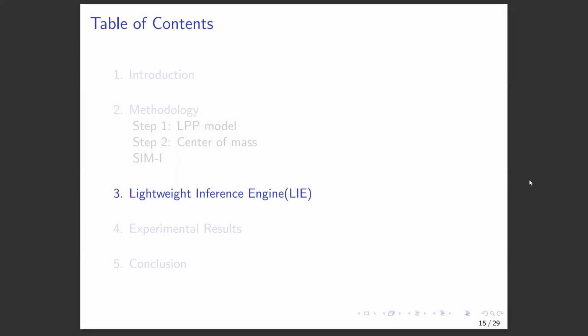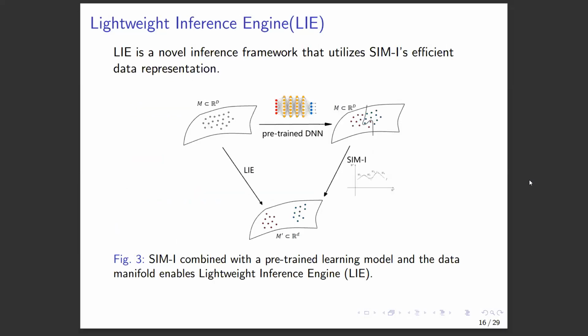Now I'm going to show how we can use our Sigma-I construction to build a lightweight inference engine, LIE. The LIE is a novel inference framework that builds upon our Sigma-I.